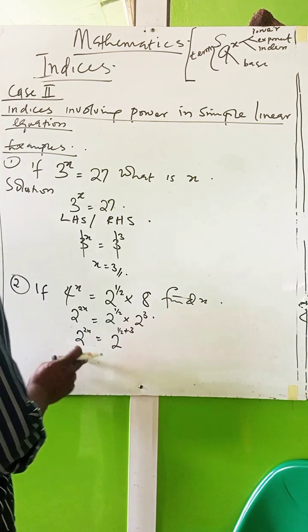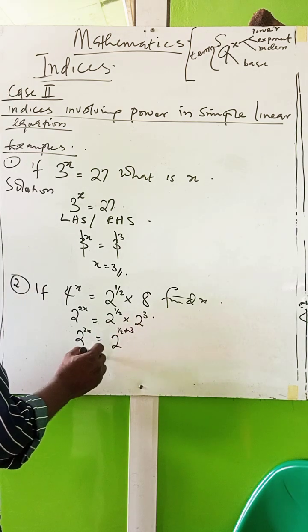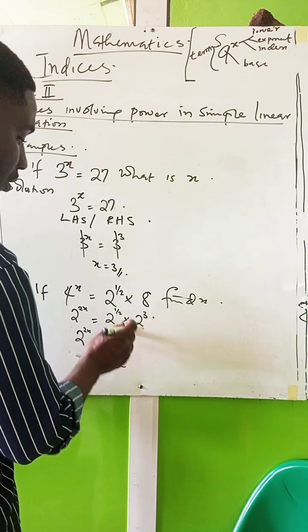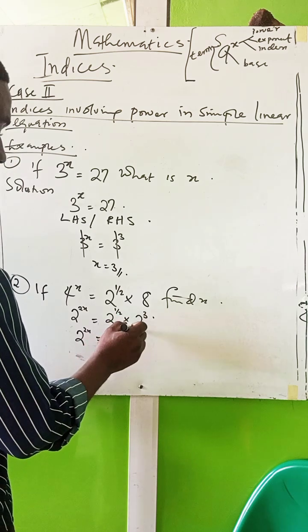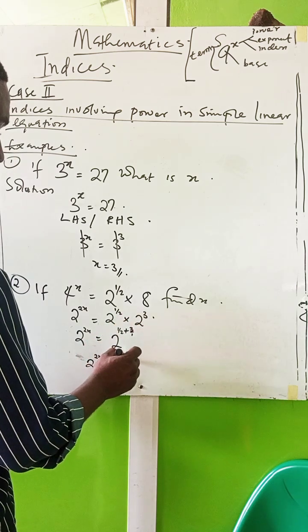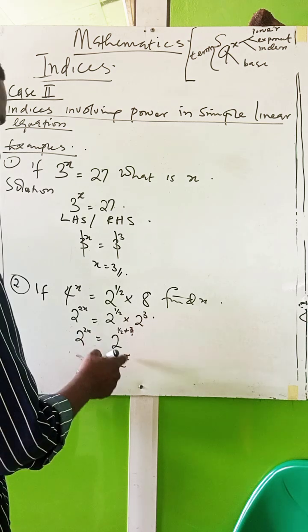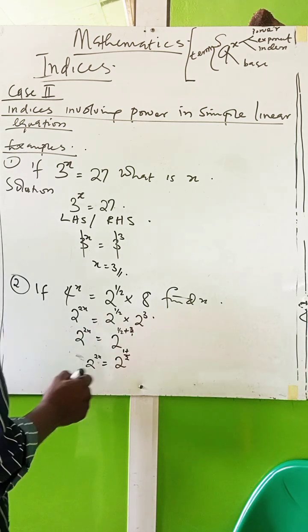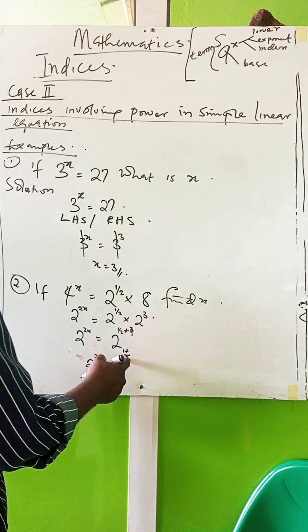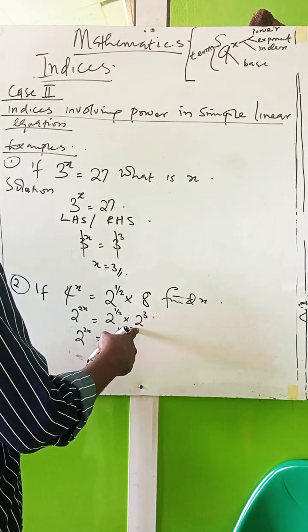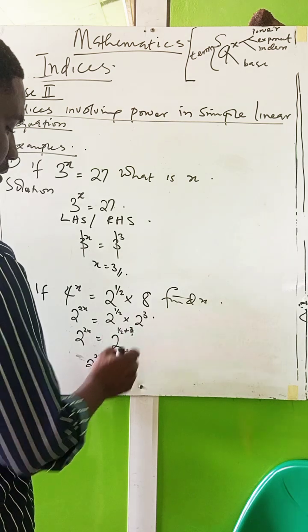Now, if we are adding two fractions, 2 into 1, 1 times 1, 1 plus 2 times 3, 6.